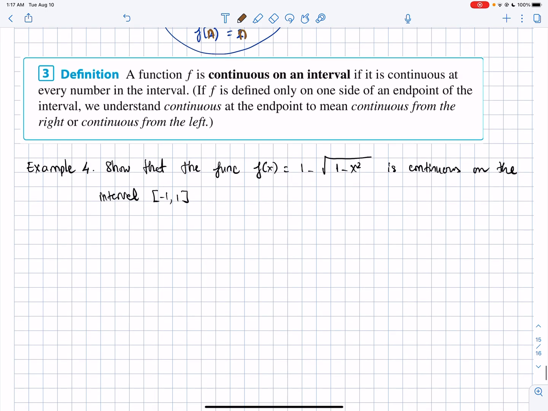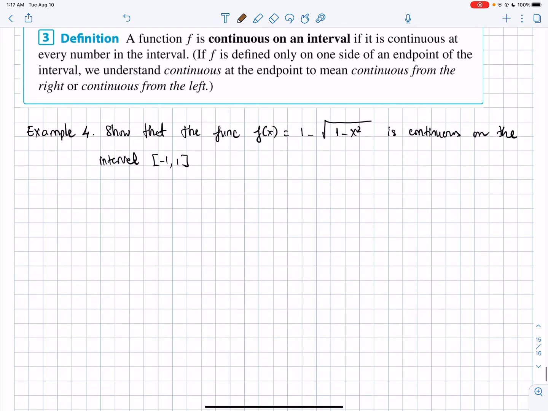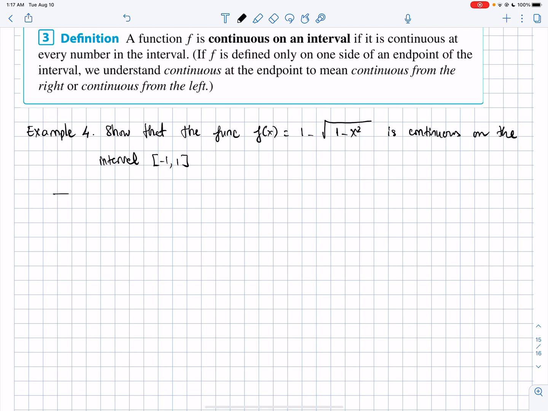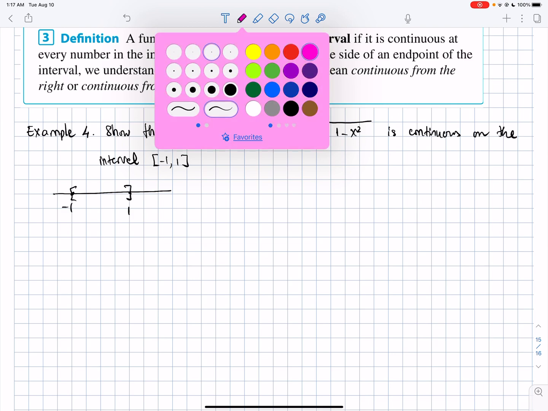So example number 4, we want to show that the function f of x equals 1 minus the square root of 1 minus x squared is continuous on the interval -1 to 1. If you draw the interval from -1 to 1, we have 3 parts that we need to identify.